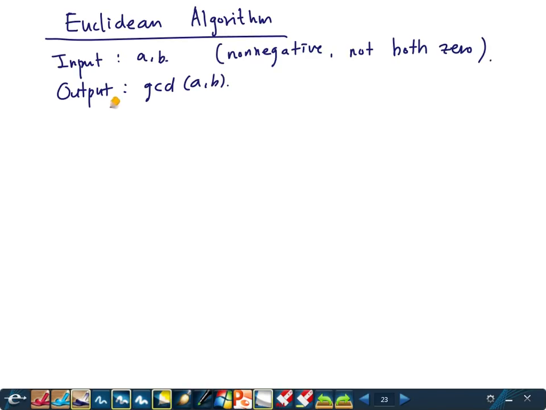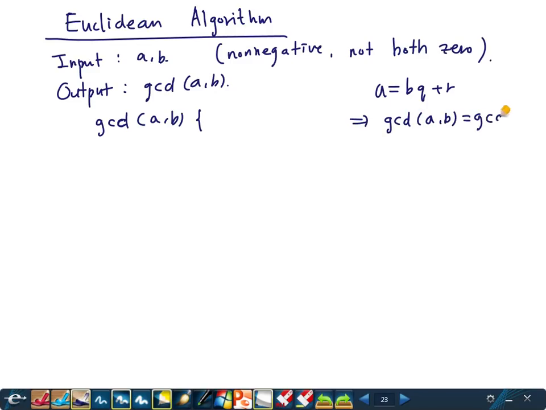Okay, let me write down the pseudocode. GCD(A, B). We will use the previous theorem: A equals BQ plus R, then GCD of A, B equals GCD of B, R. This is the theorem before. Now, maybe A is bigger or B is bigger, we don't know.